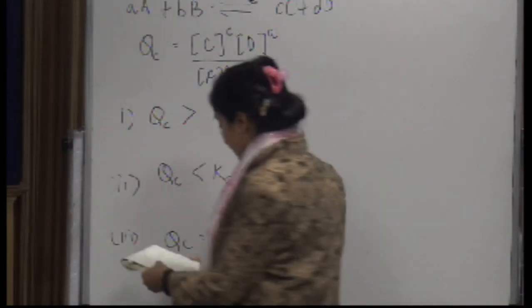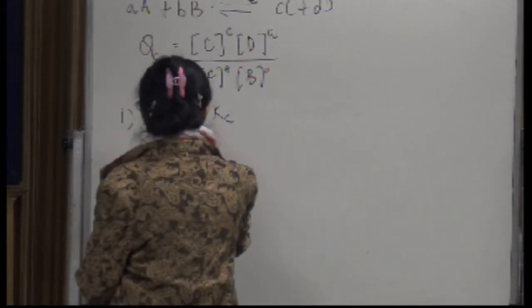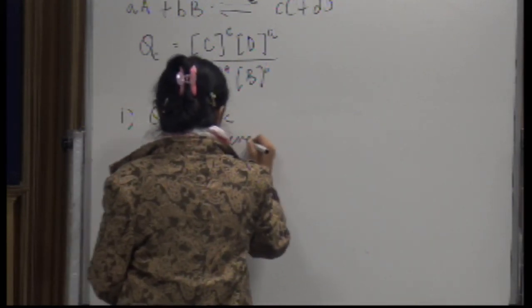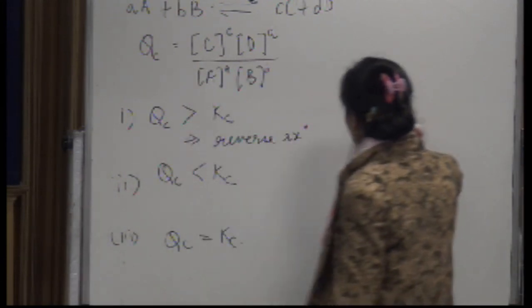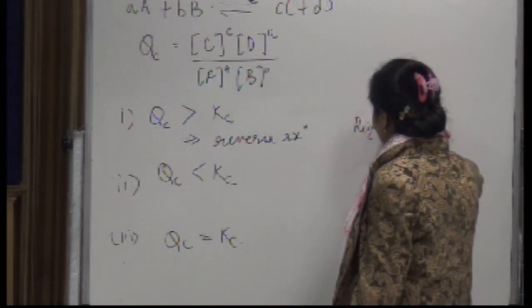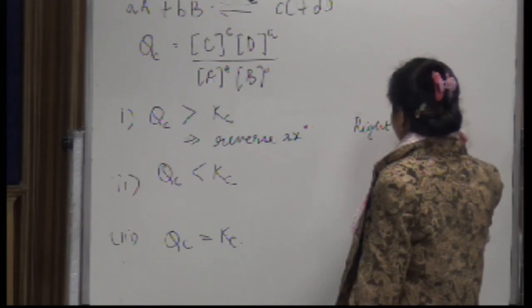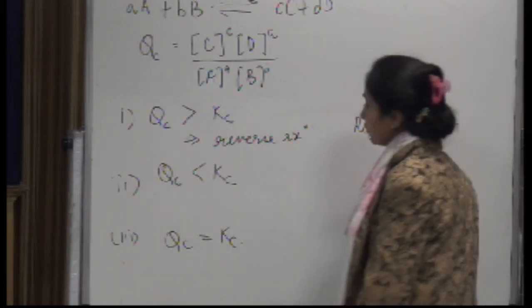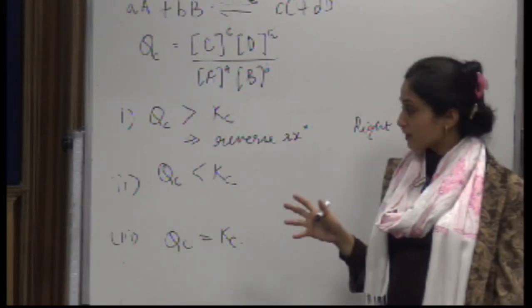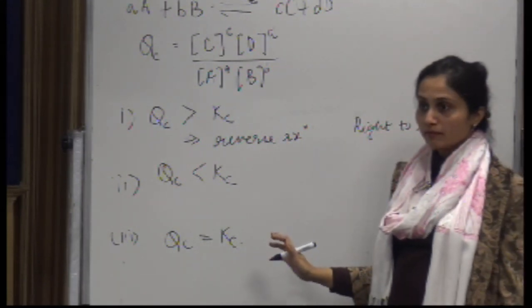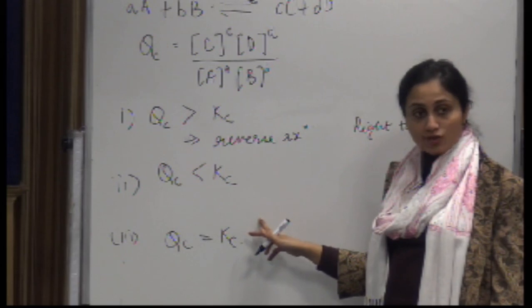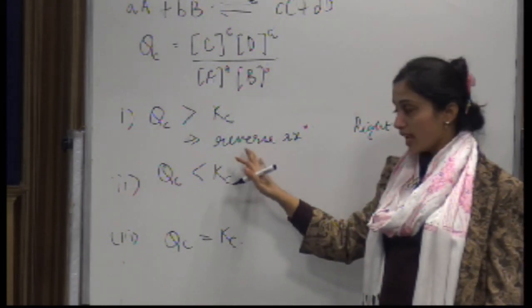So in that case, this will imply that now my reaction direction will be reverse. That means my reaction will move from right to left. I will explain this again. What is this reverse reaction? It is because of this.